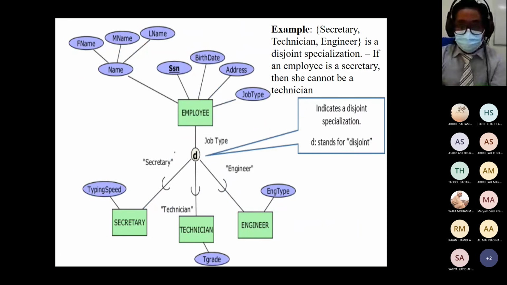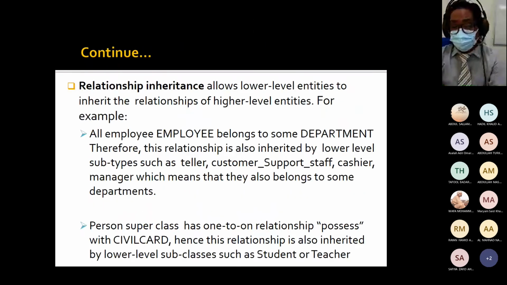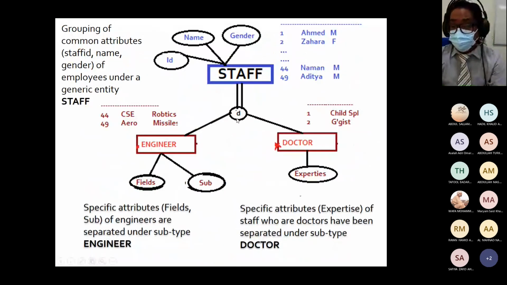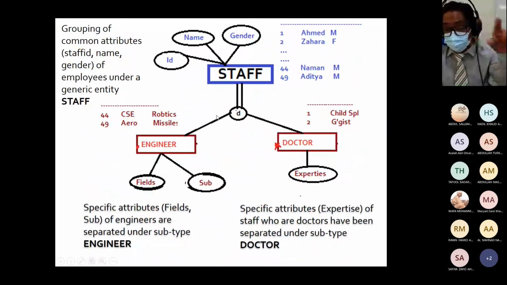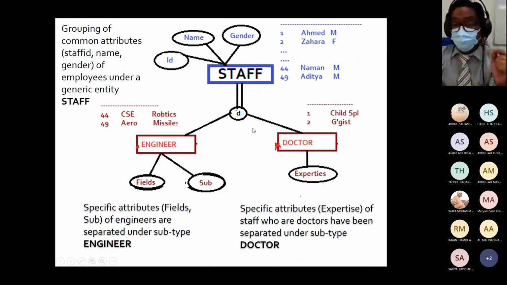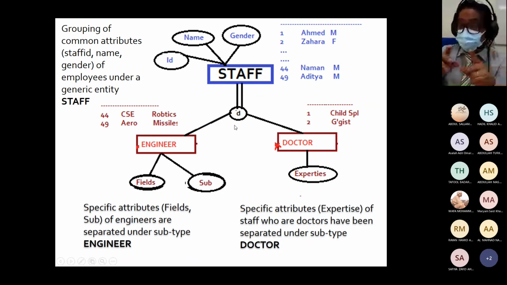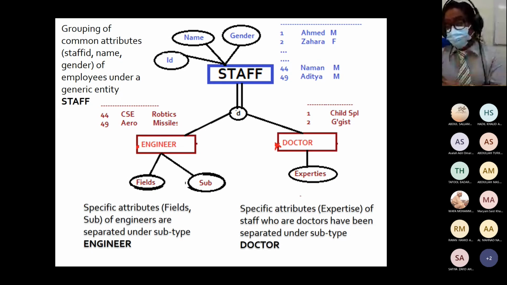Now, we just started off with the disjoint. We haven't completed it yet because you saw that there are some lines showing over here, like a double line there, and with the curve there sometimes, in one of the examples of EER I have shown you. So there's also significant information on why we have double line and single line.